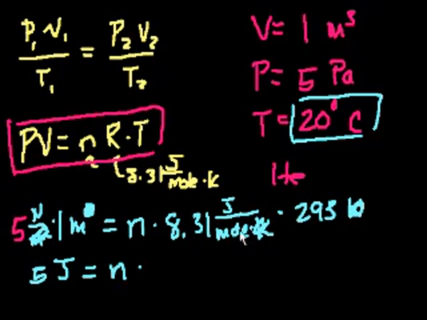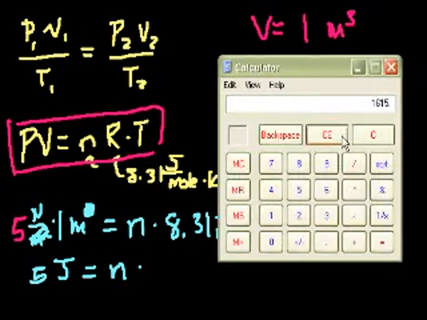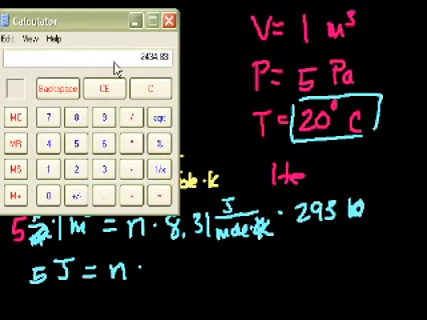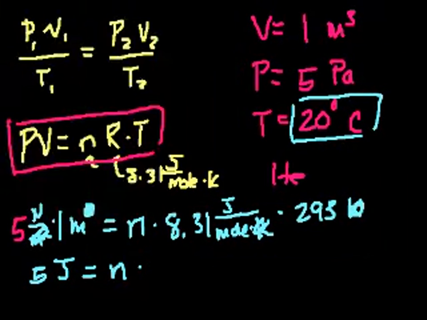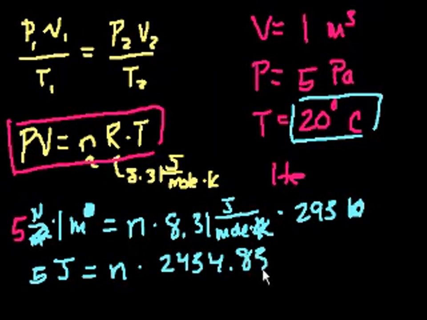So 8.31 times 293 is equal to 2434.83. So let me write that down. 2434.83 joules per mole.